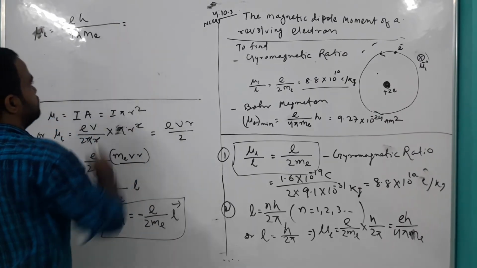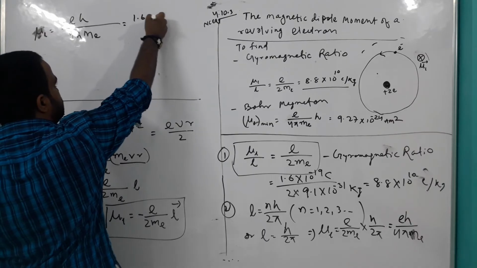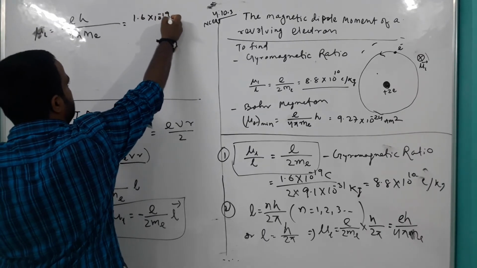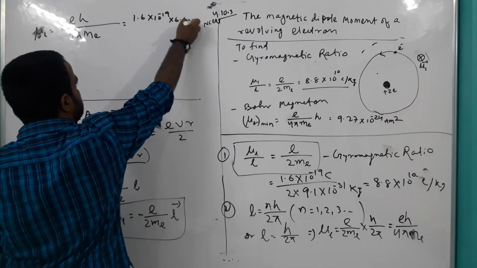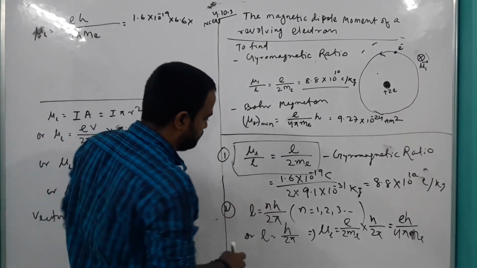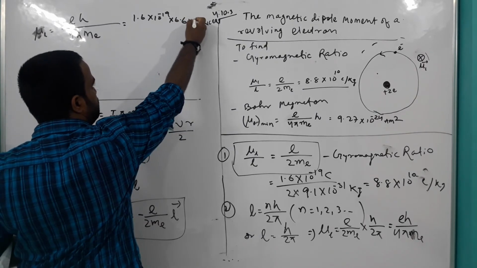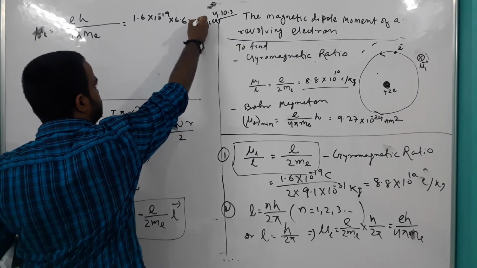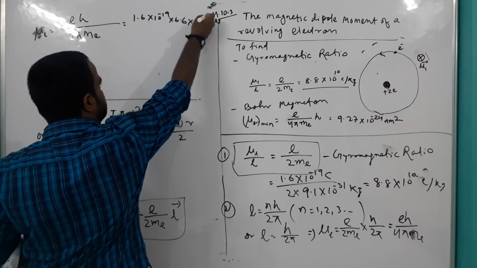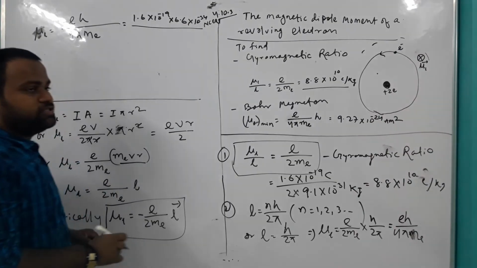So put all the values. You know e is 1.6 into 10 to the power minus 19. h is the Planck's constant. Its value is 6.6 into 10 to the power minus 34 joule second. Unit is joule second.